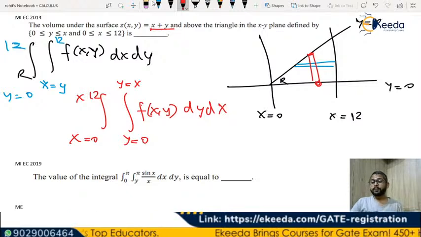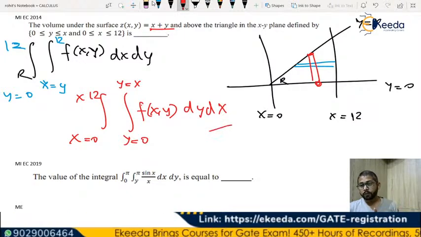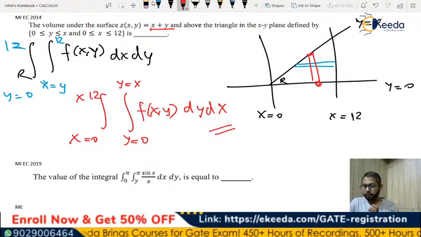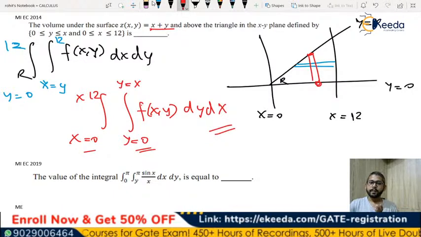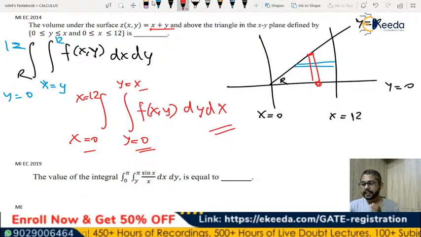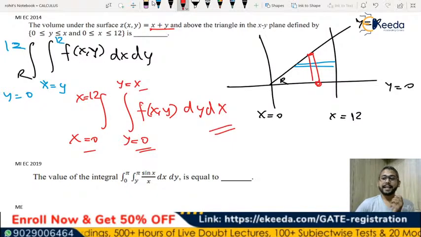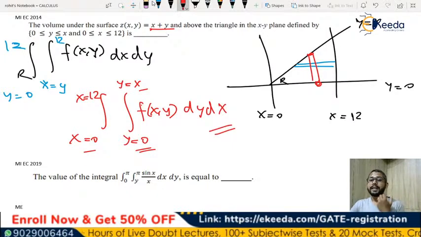Of course it is up to you, but my suggestion is to use this one, because you can see the lower limit here is 0, this one is also 0, and then this is x, this is 12. So this will make your calculations easy. Taking a vertical element will be easier here.